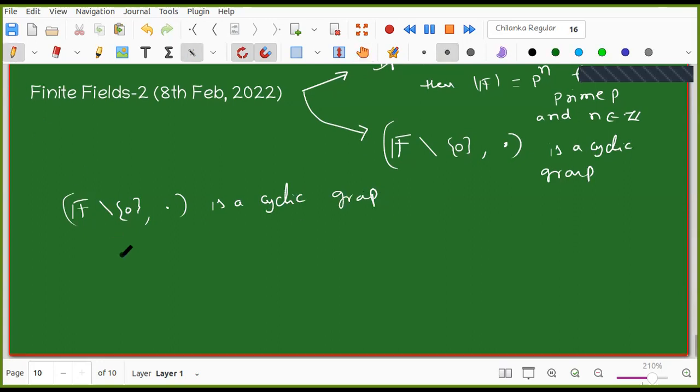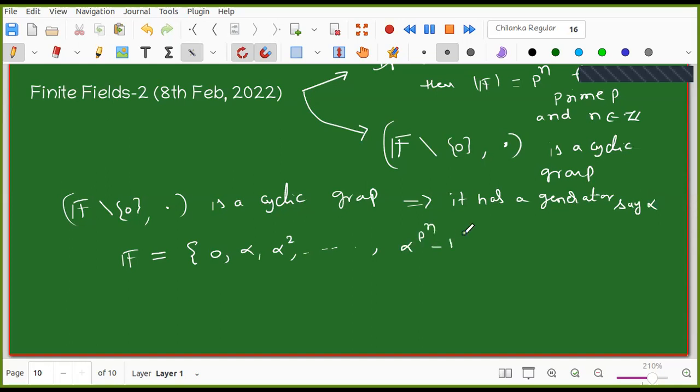F minus 0 can be written as 0, alpha, alpha square, up to alpha power p power n minus 1, assuming that the field contains p power n elements.